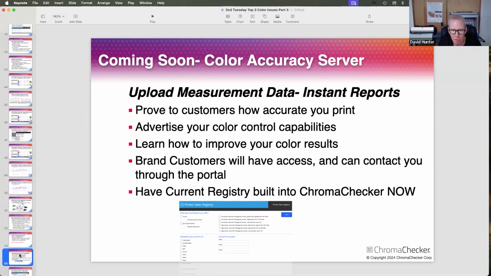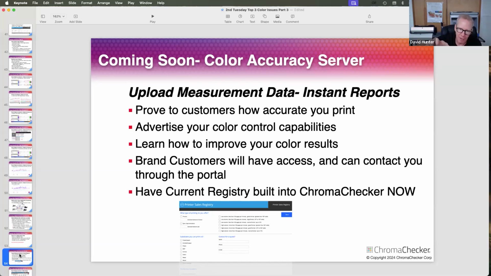If you're a printer using ChromaChecker, you can go into the printer sales registry and register your printers. And any brand customer that logs into ChromaChecker will have the ability to see how close printers are printing to Grackle and to one another, so that they can choose who does their work based on the level of quality that they require.